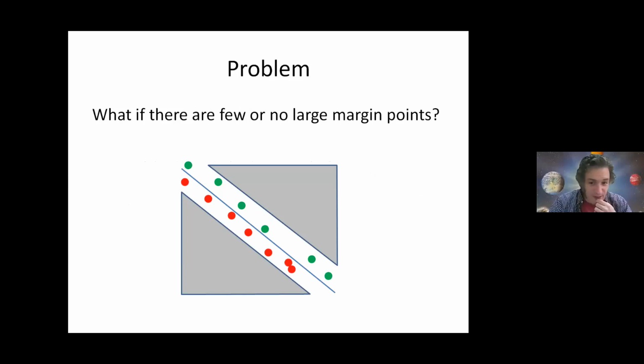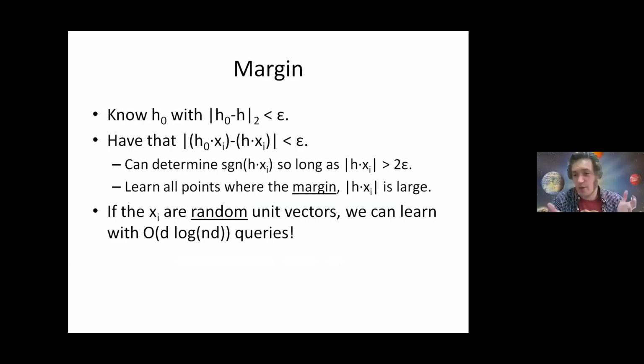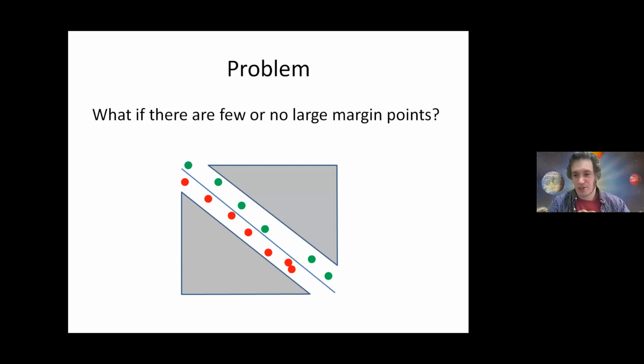Okay. So we've basically solved the problem if all of our points have reasonably large margin. Of course, the thing that we still have to answer is what happens if there are few or no large margin points?